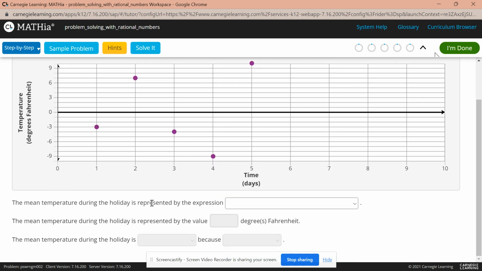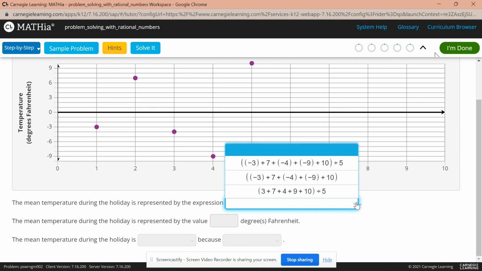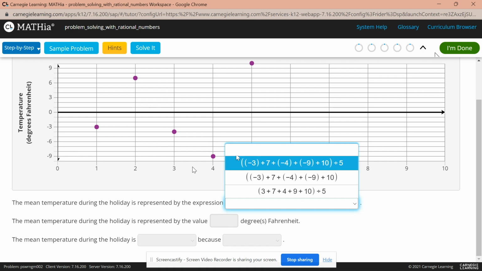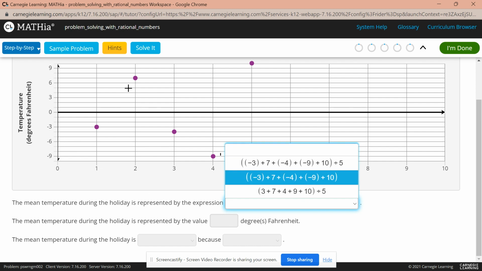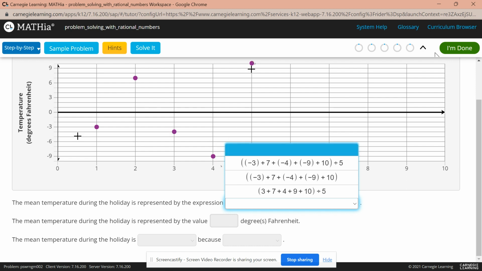The mean temperature during the holiday is represented by this expression. So this isn't really different from what we've done. The only thing you need to think about is it is talking about the temperature. So it's going to be -3 plus 7 plus -4 plus -9 plus 10.